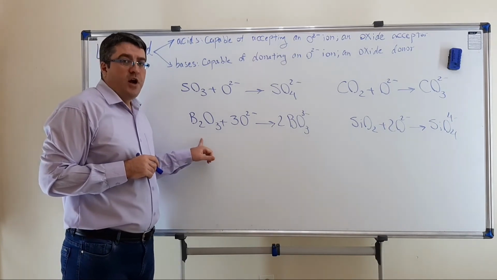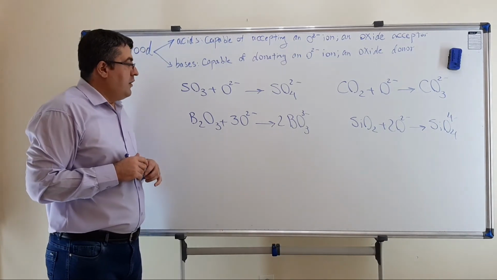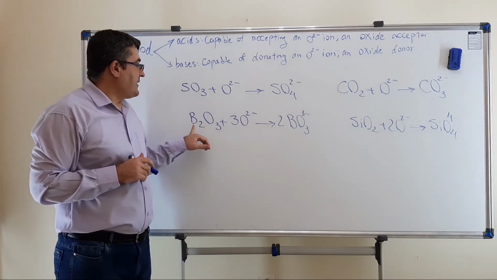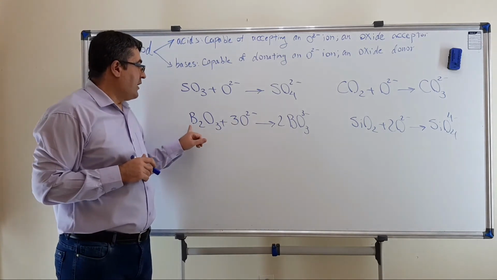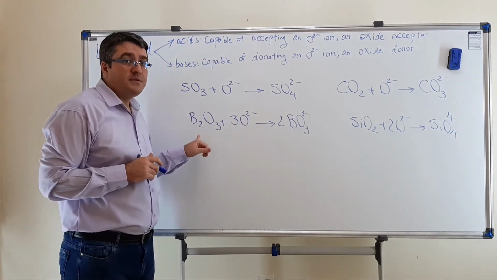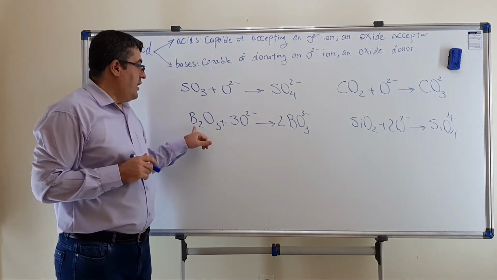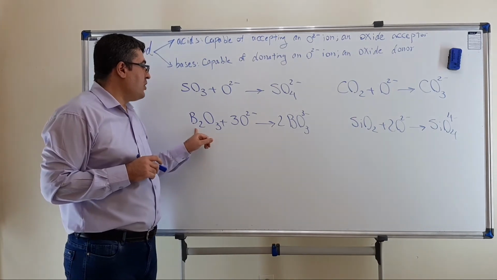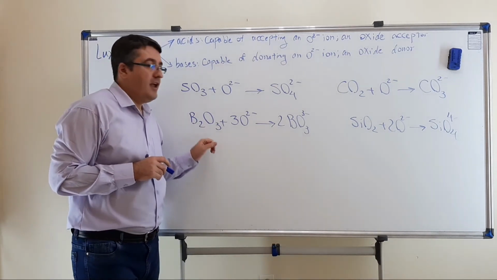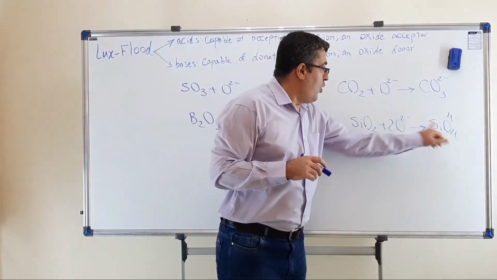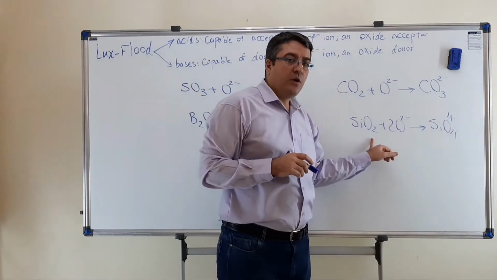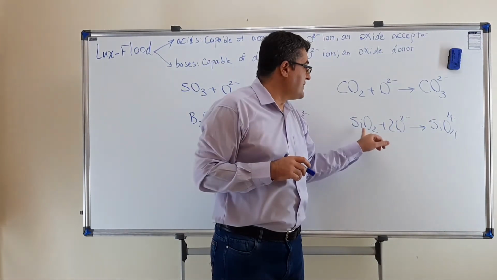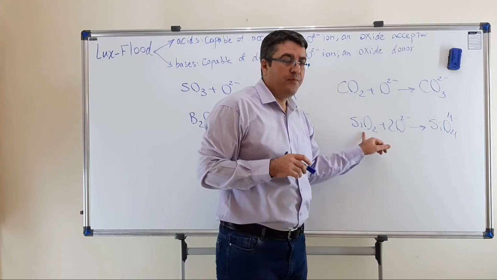Based on Lewis structures, we can see that in these reactions, the coordination number of atoms doesn't change. On both sides of this reaction, the coordination number of the boron atom is 3. And on both sides of this reaction, the coordination number of silicon atom is 4.